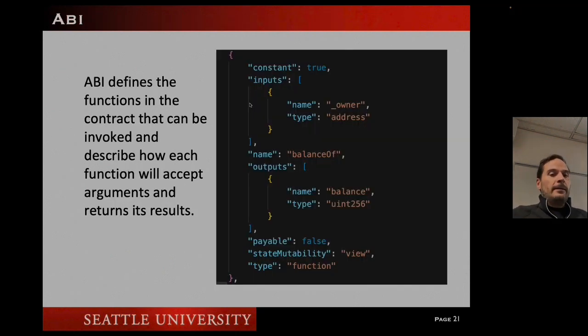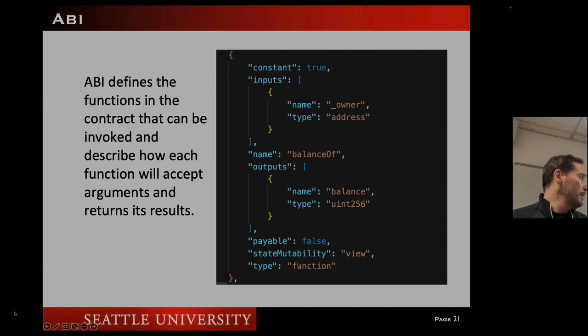So then the ABI defines the functions in the contract that can be invoked and describes how each function will accept arguments and return its results. Remember earlier when we talked about visibility, whether it's payable and whether it writes or reads state, that is essentially defined down here.